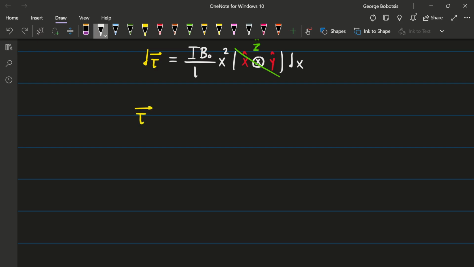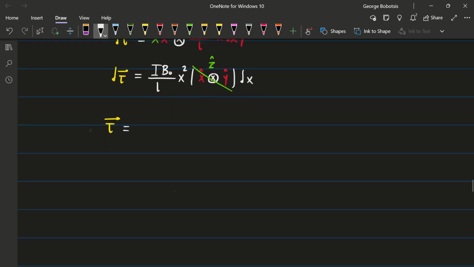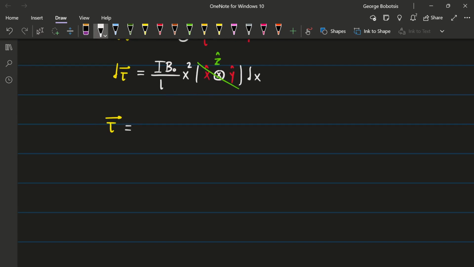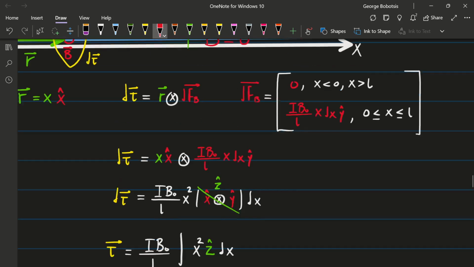Tau is I B naught over L, the integral of x squared z hat dx, and for however long this is valid, right?